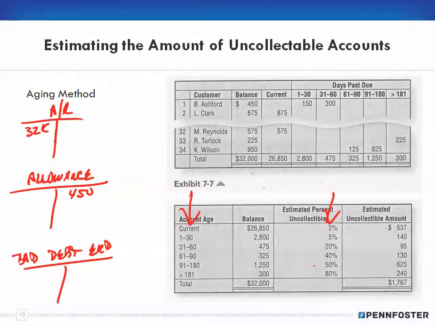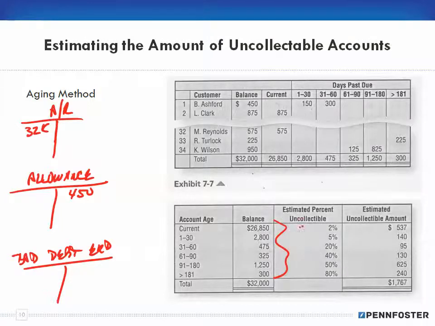You would go back in order to get the most accurate number. But remember, we're talking about estimates here, so close is good enough as long as they're within statistical norms. Okay, so you determine these percentages for these time frames. And then of course, you look and say, what balance is in that time frame?